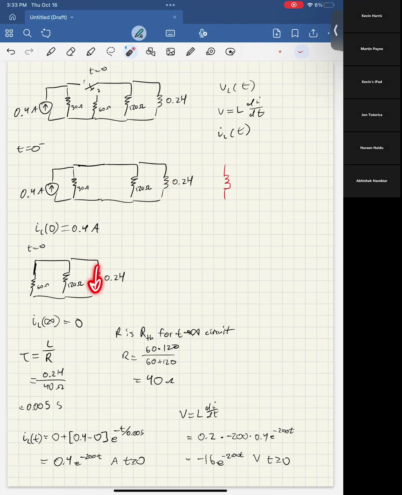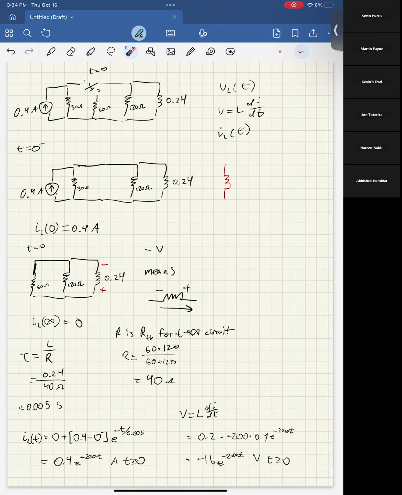If the voltage is negative, from our passive sign convention, negative voltage means we have current flowing in the direction of the voltage rise. So this is positive and this is negative, which makes sense because it's basically acting as a voltage source or a current source.